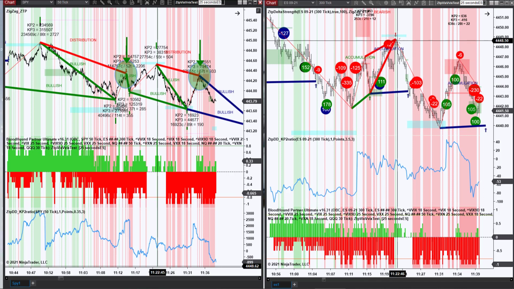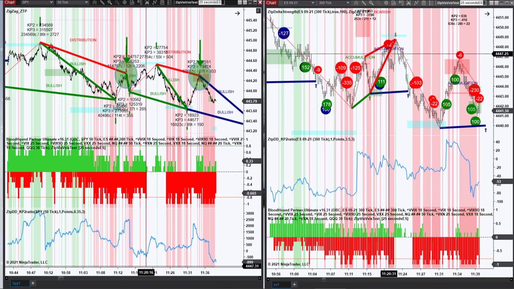Now, here's a trade that is not marked. However, you can see that we had special divergence, but we just didn't have any SPY divergence, but we had special divergence with a red VIX. Again, a trade that was not marked and part of the statistics.